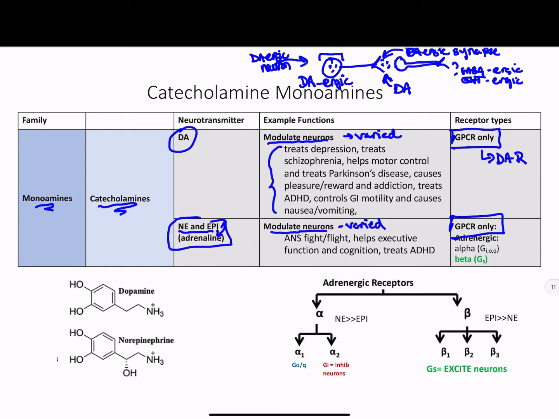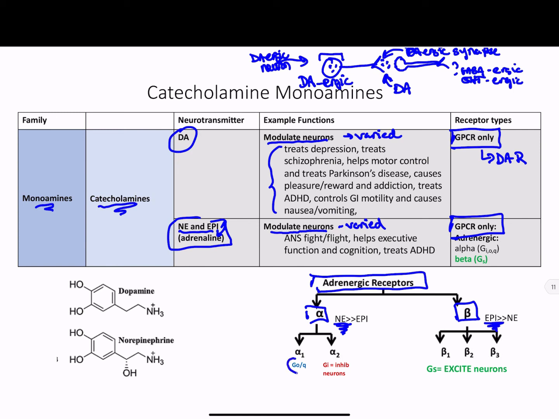When we talk about these receptors, we're calling the whole batch adrenergic receptors. Those alpha and beta subtypes are really important, and you're going to have to just have those memorized as well. The alpha subtypes bind both norepinephrine and epi, but they bind norepinephrine to a much greater extent. Beta is going to bind epinephrine to a much greater extent.